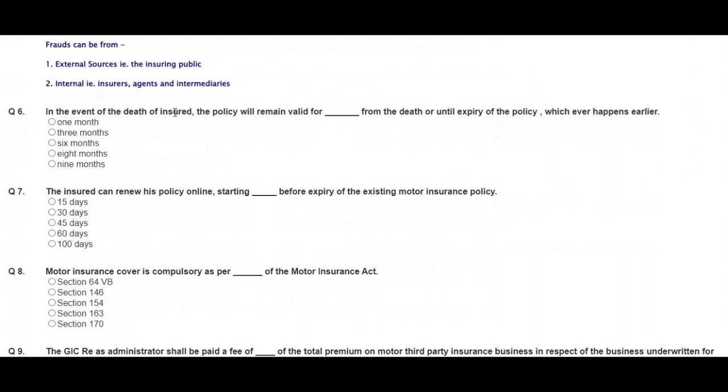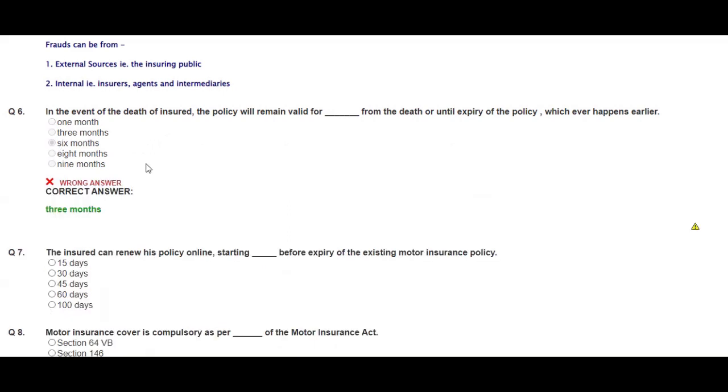In the event of death of the insured, the policy will remain valid from the death until expiry of the policy, whichever happens earlier. The option of 6 months, or 3 months, is the wrong answer. Actually, in case the insured person is dead, the policy will be valid only 3 months.